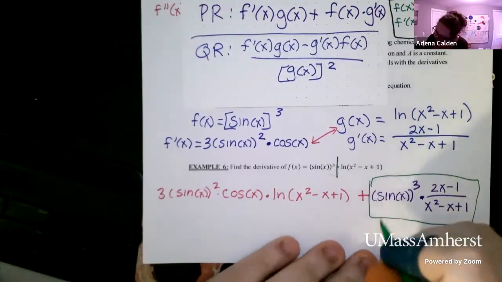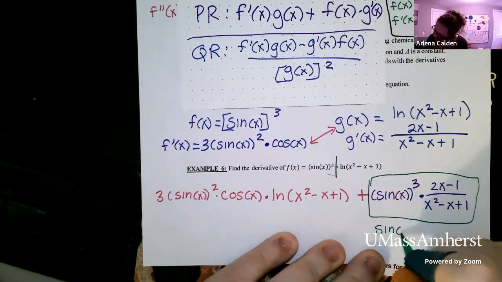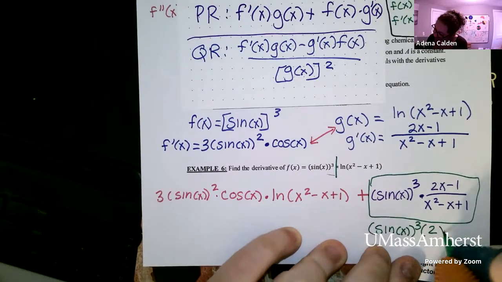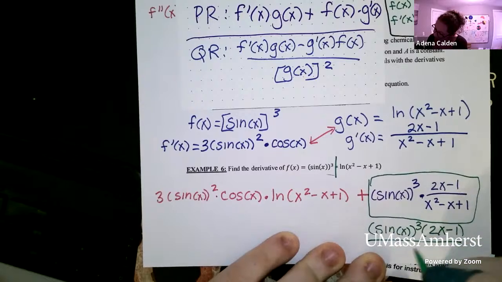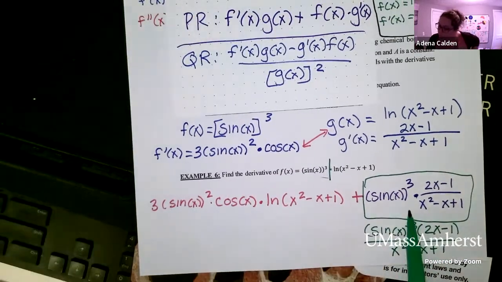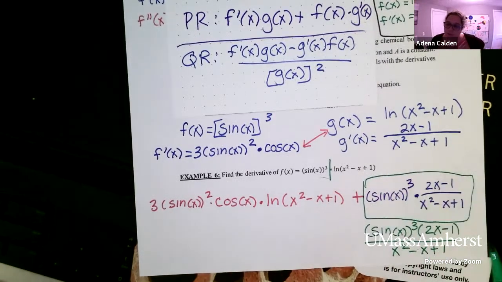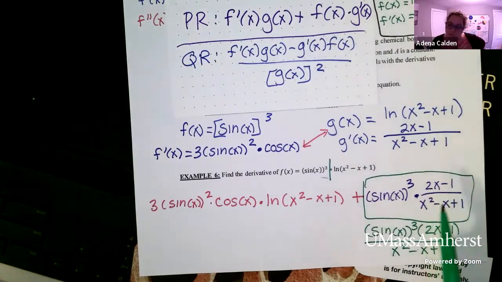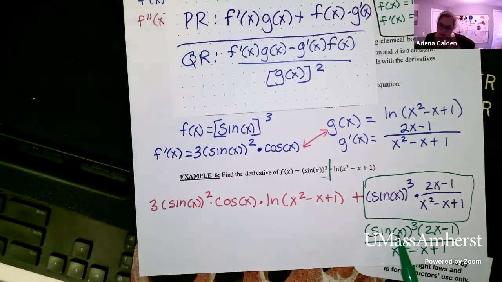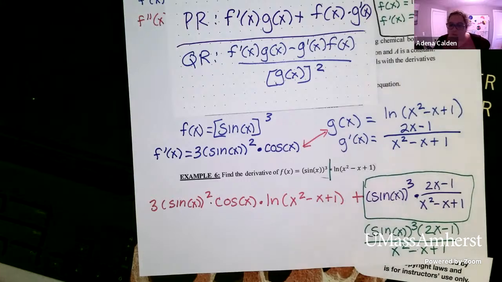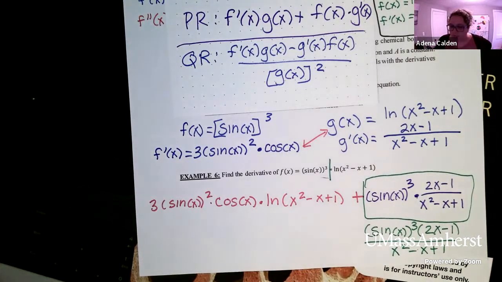So this could be written as sine x cubed times 2x minus 1 over x squared minus x plus 1. So you can bring that term into the numerator. If we do that, we need to put parentheses around what's in the numerator so we know that the sine x cubed multiplies both terms. So this term can be simplified into this, but otherwise there's not really any other simplification we would do here.